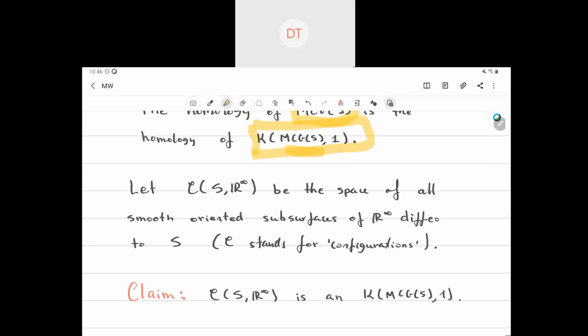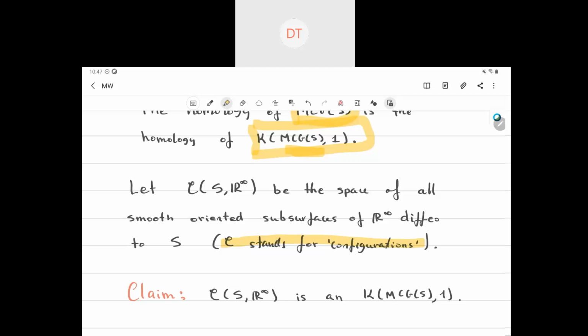All right, so what is this space? Let C(S, R^∞) be the space of all smooth oriented subsurfaces of R^∞ which are diffeomorphic to S. And here the C stands for configuration. So let's think about this for a second. The space of all smooth oriented surfaces of R^∞ diffeomorphic to S. So what that means is, I have S embedded in however many ways I want into R^∞, right?